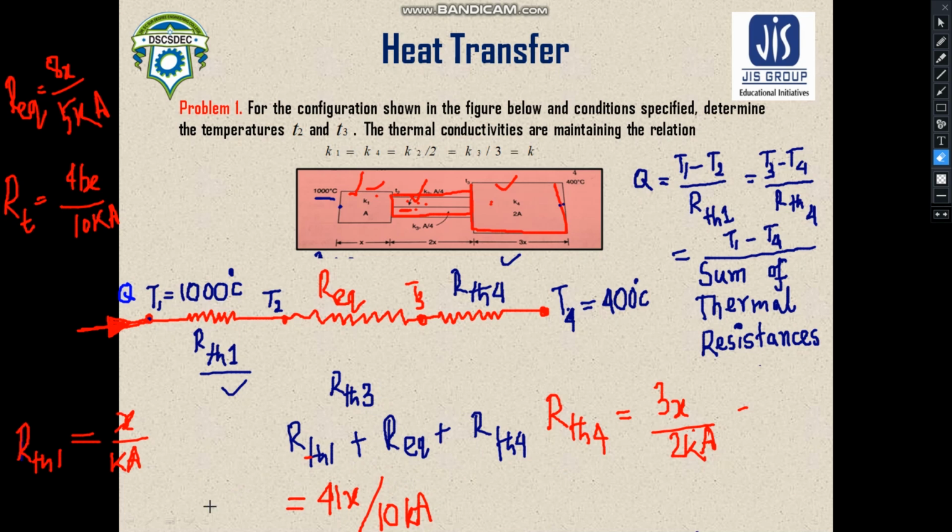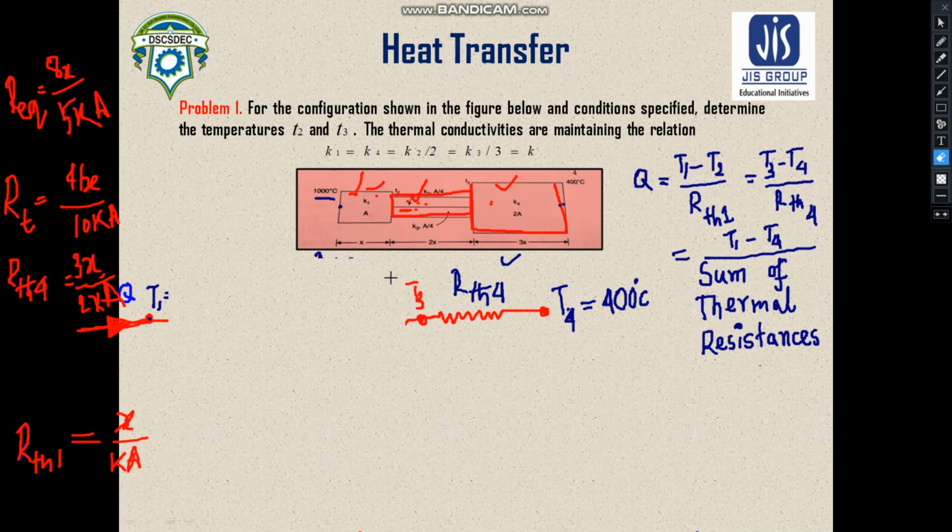This is very simple. And RTH4 becomes 3x by 2Ka. We keep these values because we will require them afterwards, as the problem is not completely solved. So we have found these values here.